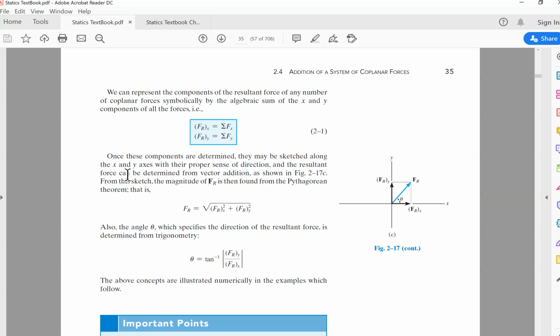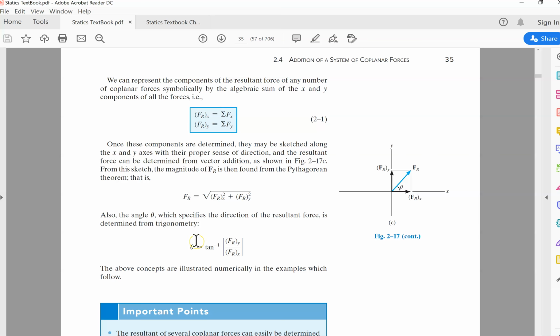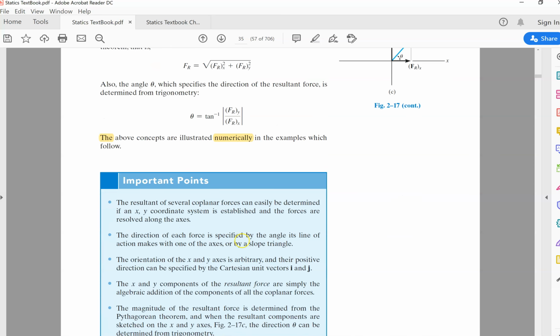This one I also covered in the previous lecture, but I'm repeating it because I really want you to understand. So how do you find the force resultant? For the magnitude, you use your Pythagoras theorem. And as for the angle, any vector is not complete without the direction, so this gives you the direction.